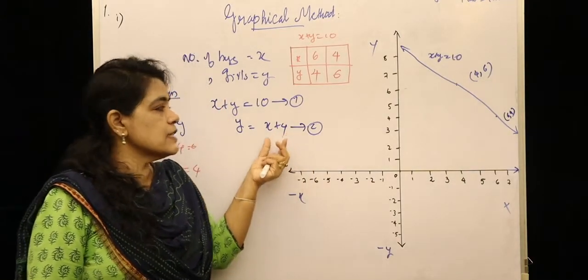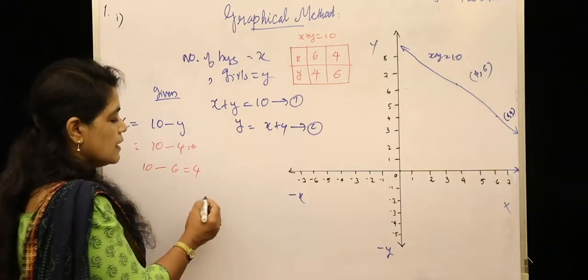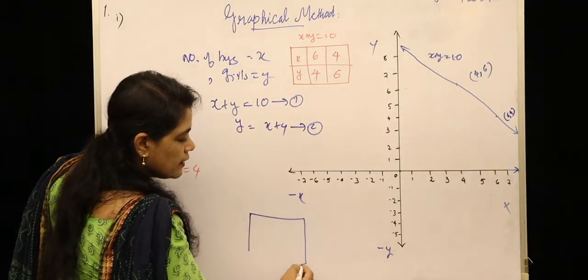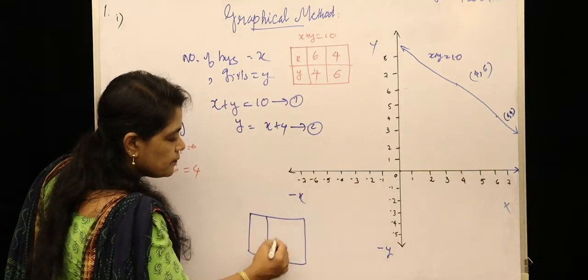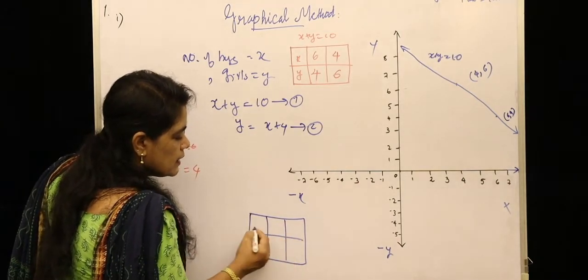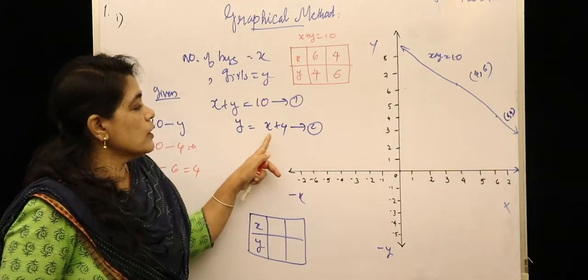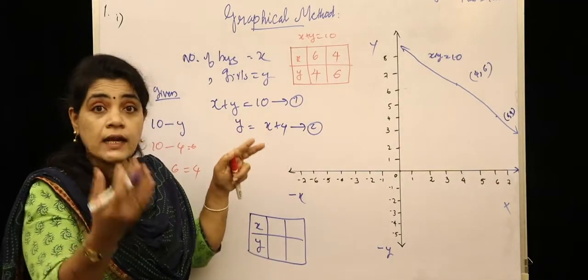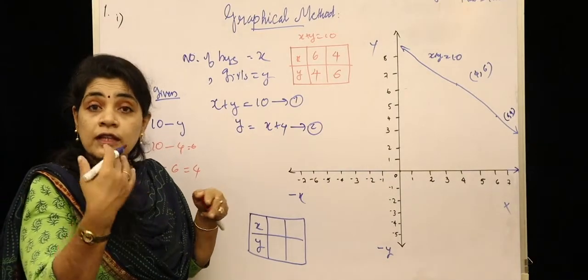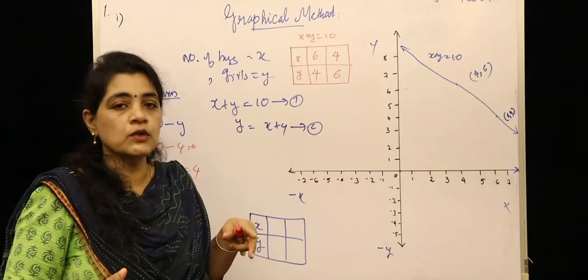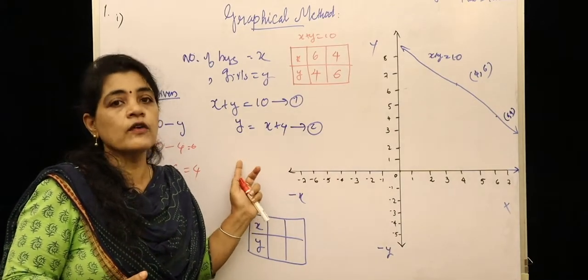And for the second equation, this is the solution set for the second line. Here you can mark x and here y. Here the variable is on the RHS, and for that variable you can give different values of x, so that you can get the corresponding values of y.